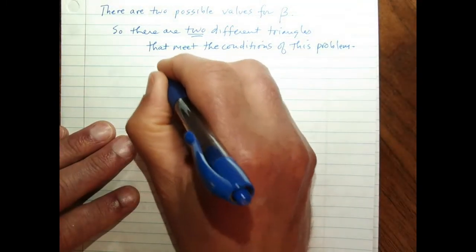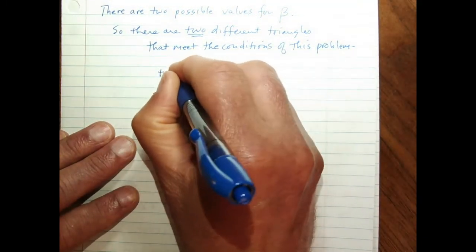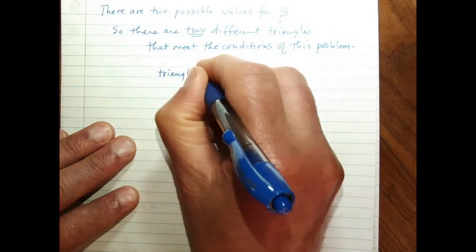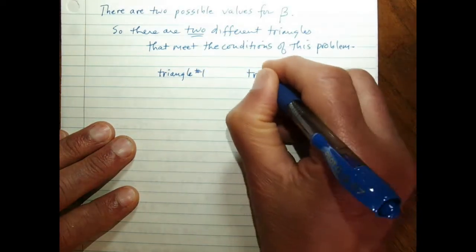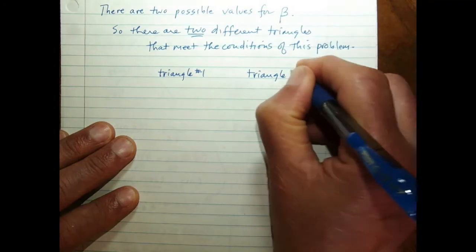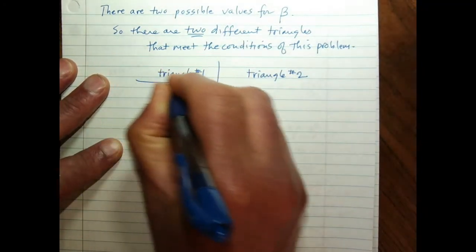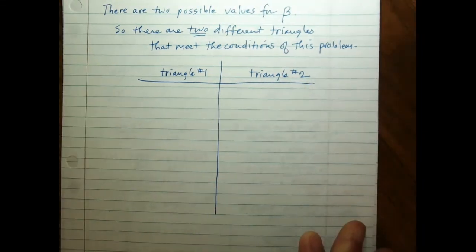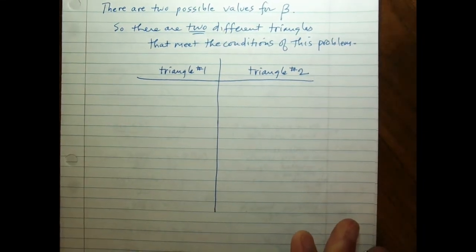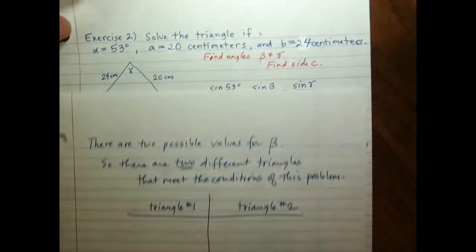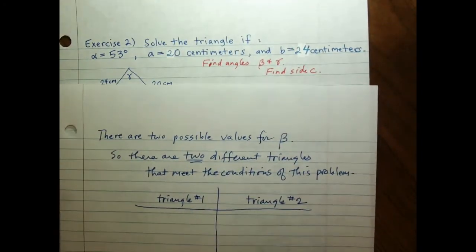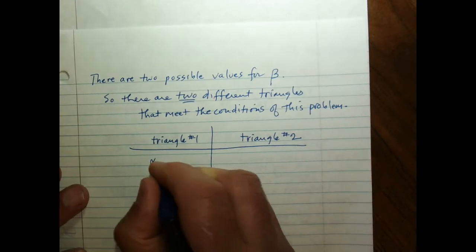I like to set up a chart where I write triangle number 1, triangle number 2, and I'm going to sum up my answer in 2 columns. Now this problem started out with, we knew alpha was 53 degrees.